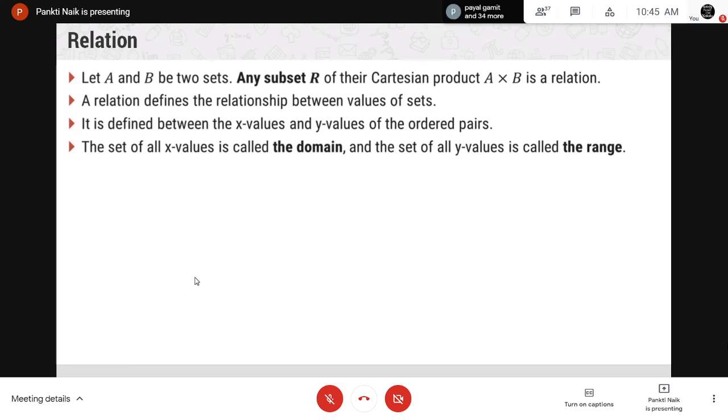Let there be two sets A and B. Any subset R of their Cartesian product A cross B is a relation. A relation defines the relationship between values of sets. It is defined between the x values and y values of the ordered pairs. The set of all x values is called the domain and the set of all y values is called the range.